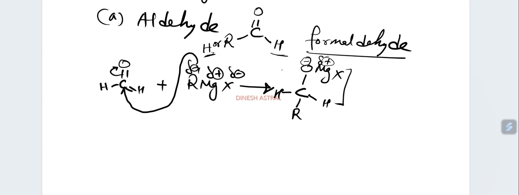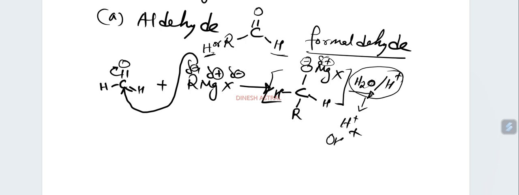Now this molecule is unstable, so we write it within a square bracket. The next step is hydrolysis, H2O in the presence of acid. Here the water is converted into H plus and OH minus.